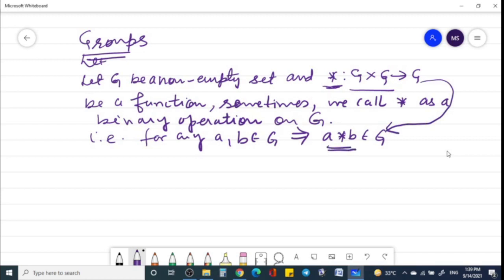This property is known as closure property. Sometimes this is known as the first property of a group, but we will write the first property as associative property.